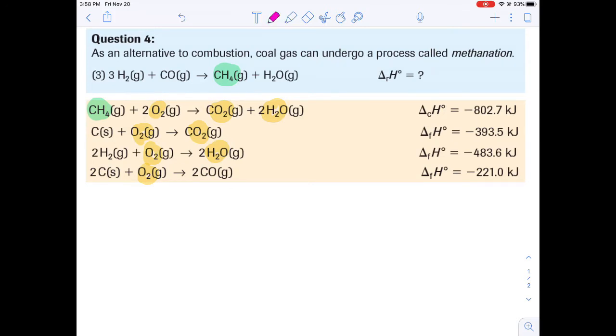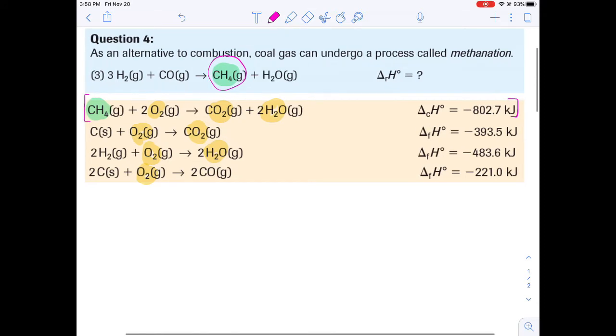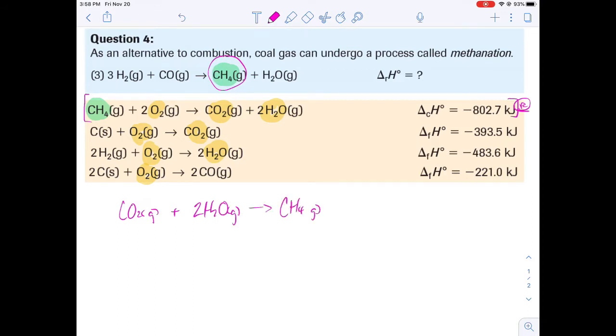But definitely from my first reaction, I want to have 1 methane in the products here. And so I take this reaction, and I want to get 1 methane in the product, so I'm going to reverse it. I'm going to take carbon dioxide gas plus 2 water vapor to make methane gas and 2 oxygen gas.